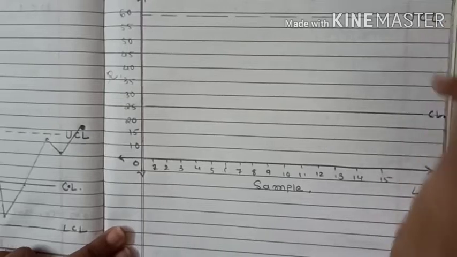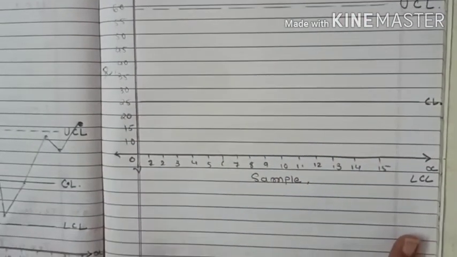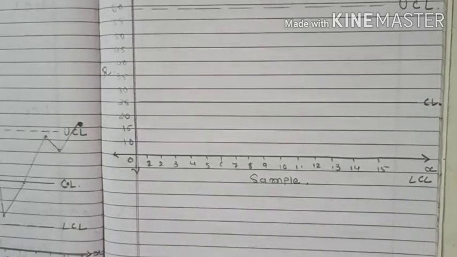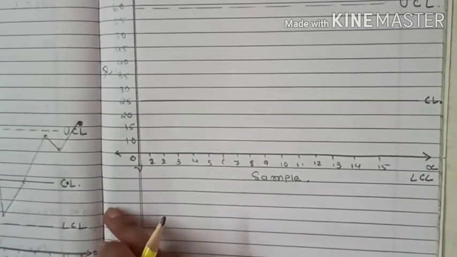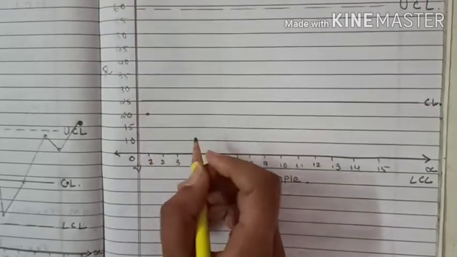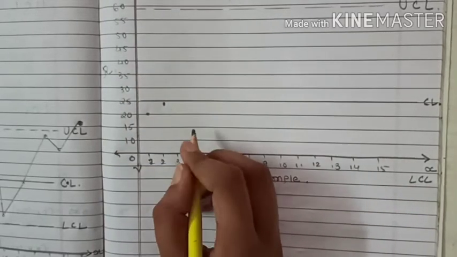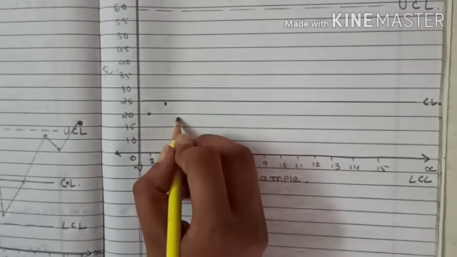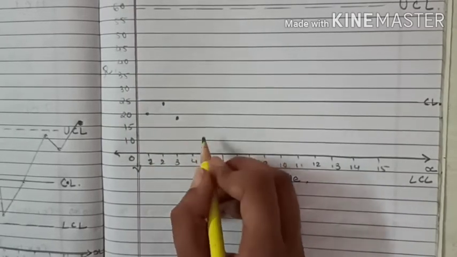Upper control limit, lower control limit, central line and upper control limit. Now put the values of the R chart in this. For the first sample the range is 20, then 24. For the third there is 18. For the fourth 25.